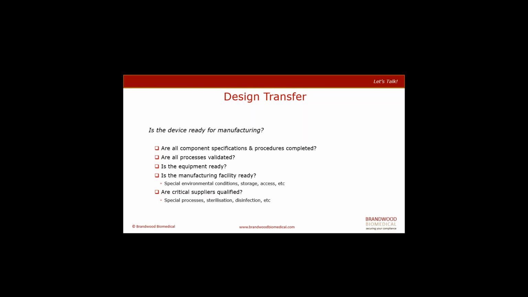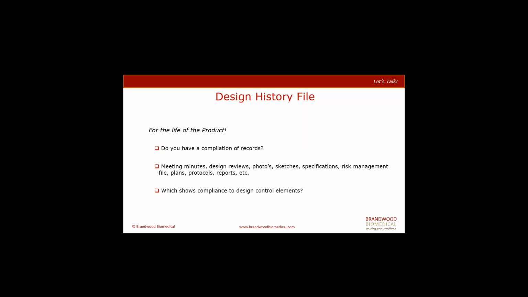It is important to ensure that your critical suppliers identified have the appropriate records and documentation to support the DHF. And it is for the life of the product, not just the project.